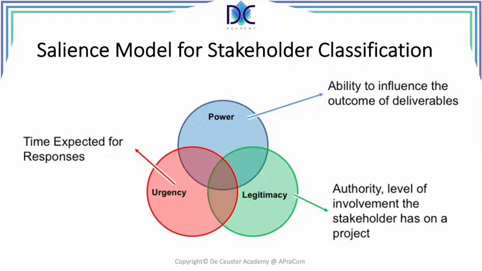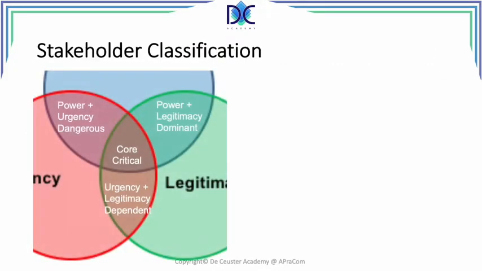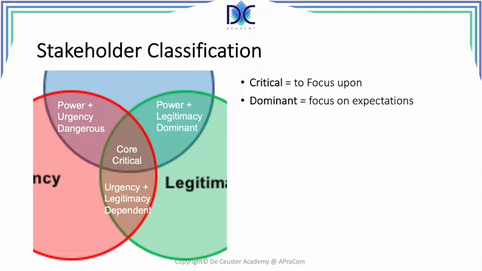Now we are interested in the intersections, and let's have a look at those different intersections here. The center part where we have urgency, legitimacy, and power, we find here what is critical. The core is critical, and these are the people we have to focus on. The stakeholders who are in this area are the stakeholders that are very important for the project. We look at dominant when we have power and legitimacy.